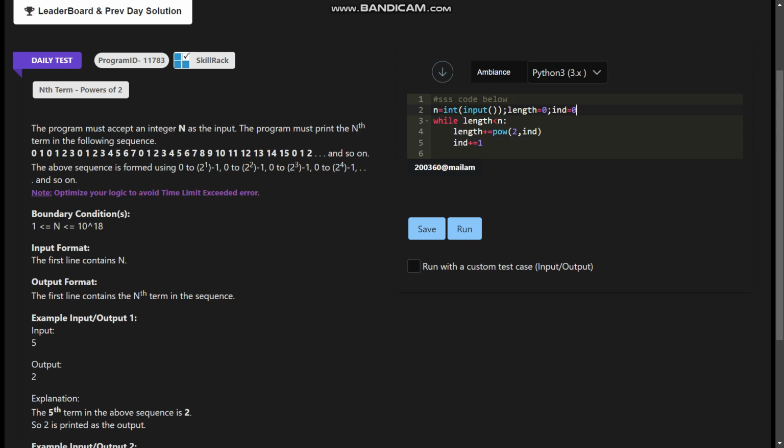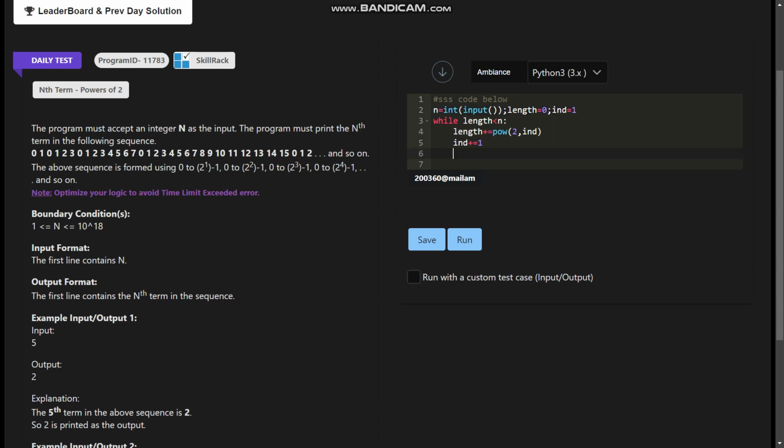Index should start at 1 because it is 2 power 1 minus 1. Initially the length will be 0, less than n, then 2 power 1, which is 2, gets added to the length, then 4 gets added to the length. So we find the category this falls in. When the length becomes greater, the loop terminates.